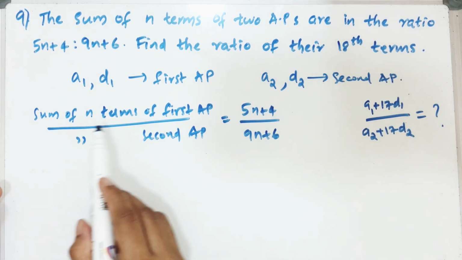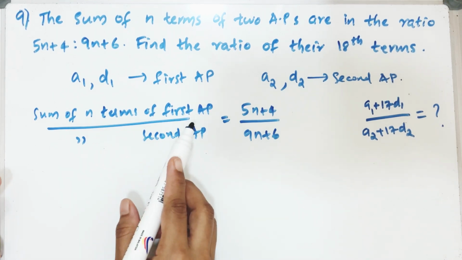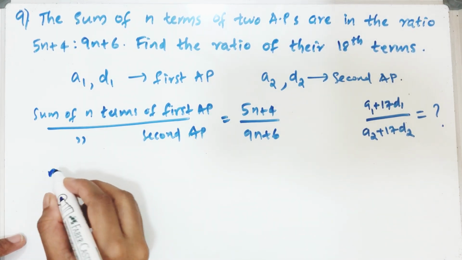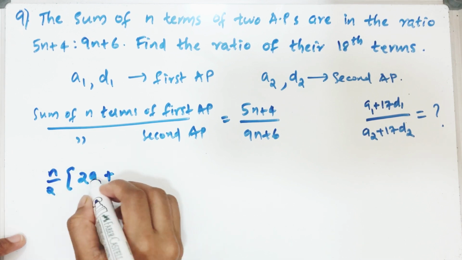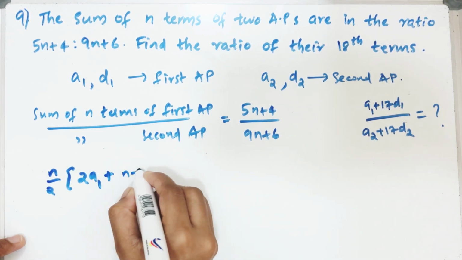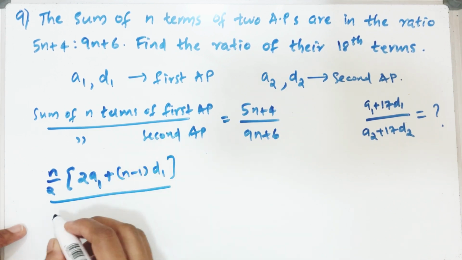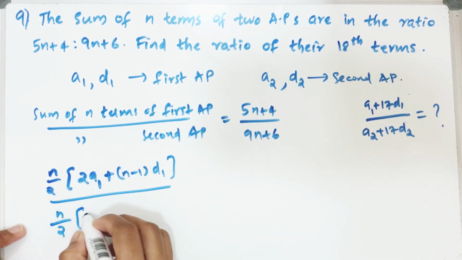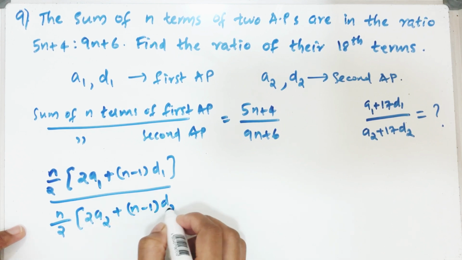What is the equation for the sum to n terms? n by 2 into 2A plus n minus 1 into D. So for the first AP, n by 2 into 2A1 plus n minus 1 into D1, by, for the second AP, n by 2 into 2A2 plus n minus 1 into D2.